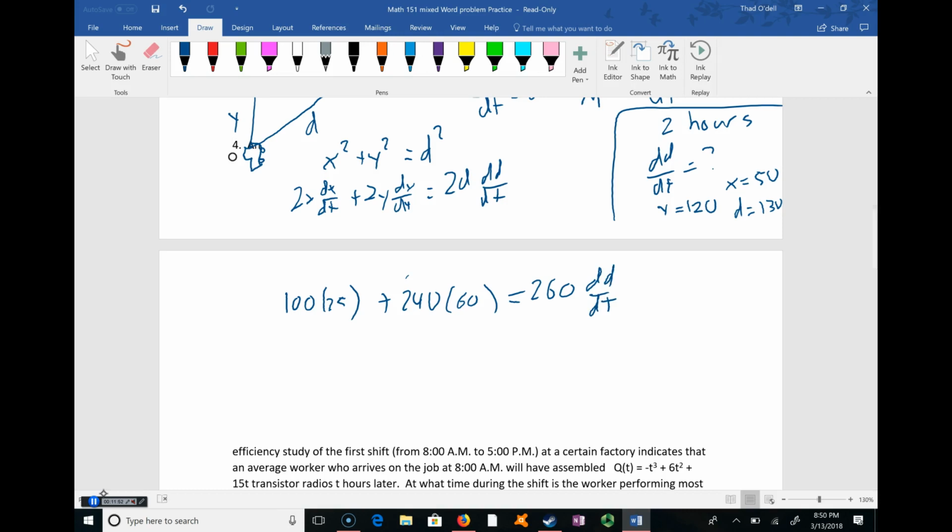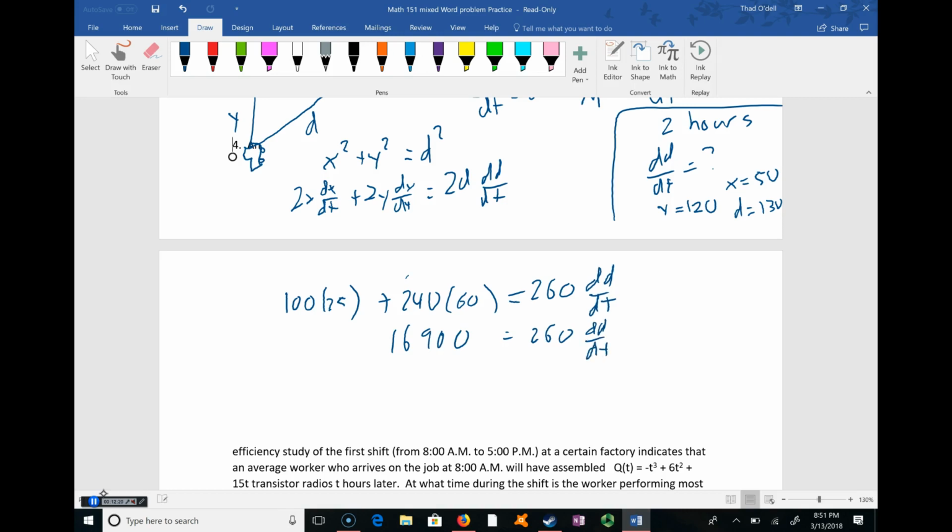So we got 100 times 25, which is 2,500, plus 240 times 60. So that would be 16,900 equal to 260 dd dt.